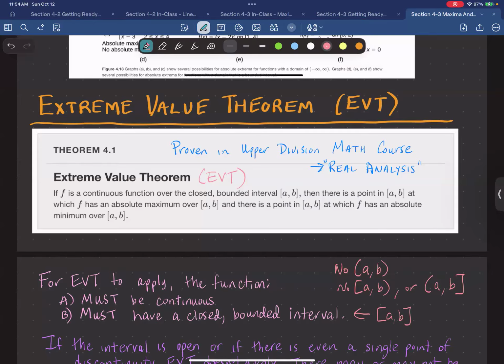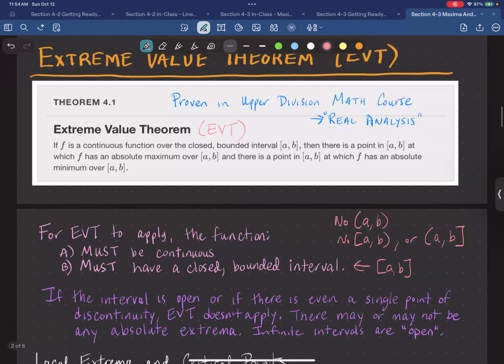That's what makes it closed. If it's open in any way at any of the points, or if there's a discontinuity, the extreme value theorem doesn't apply. That doesn't mean there isn't an absolute max or an absolute min or absolute extrema. It just means there's not guaranteed to be one. Okay?